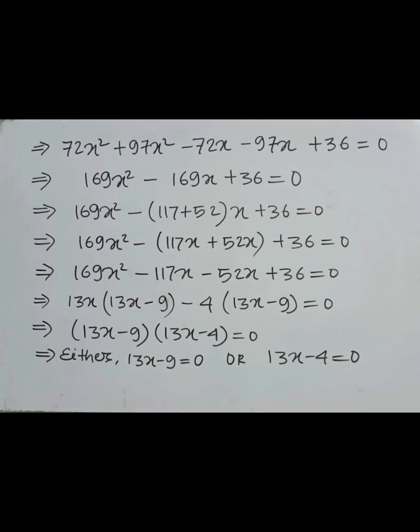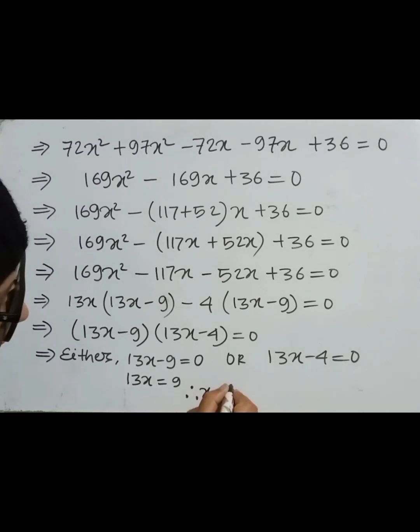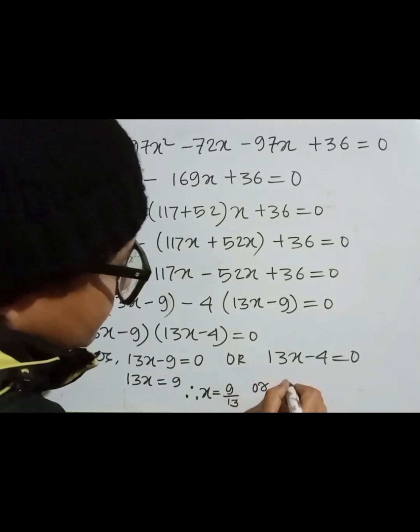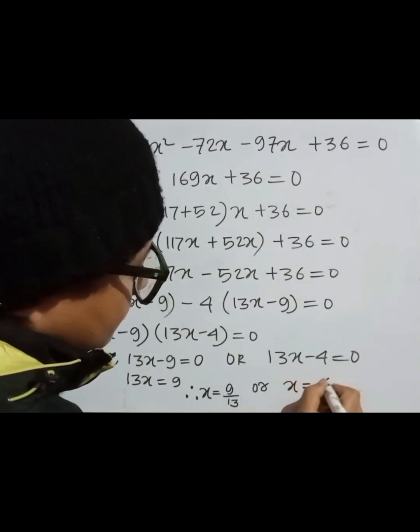So when we solve the first equation, this gives 13x is equal to 9 and x is equal to 9 upon 13. In the same way, when we solve the second equation, this gives x is equal to 4 upon 13.